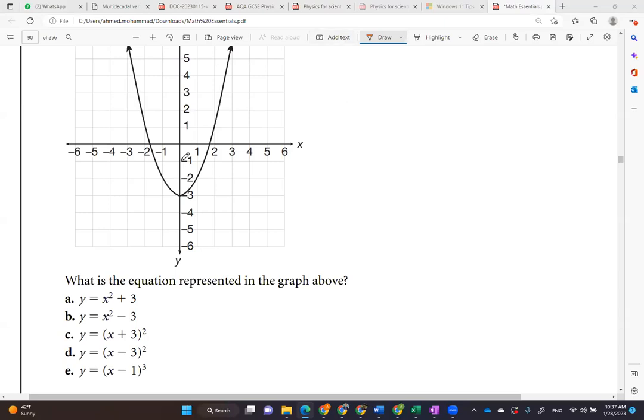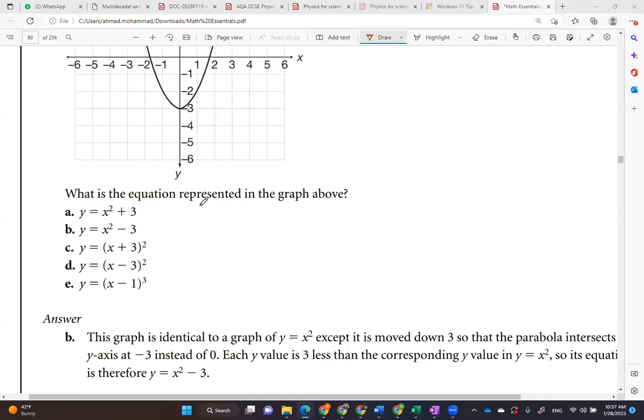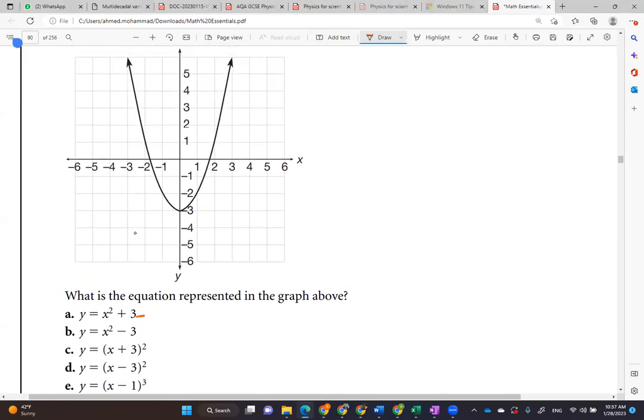We are moving down 3 units. So we're gonna use y equal x squared minus 3. For this one, if the graph is like this, this is the answer A. For the answer C, plus 3, you are going to the left.